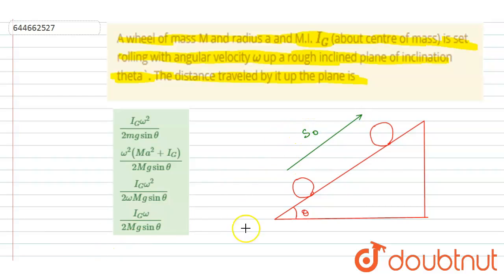So the height through which it will go up will be this, right? You can get this if you see this is s0, and if you join this line, it will be a triangle, right? So you can see here this is s0 and this is theta. Then the height through which it goes up is s0 sine theta.